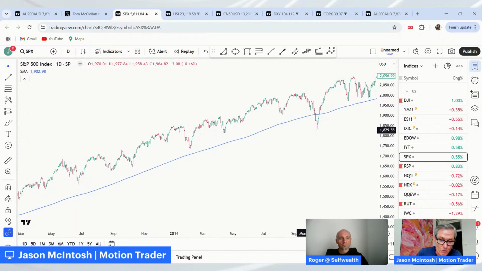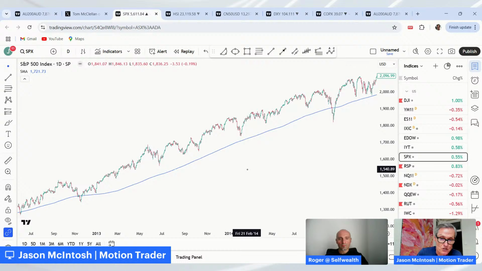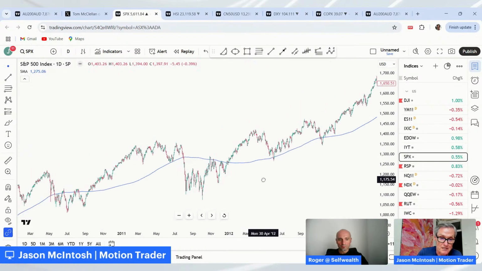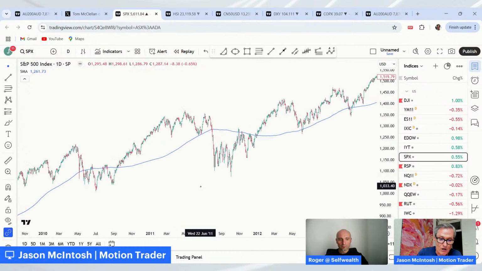If you get a situation where the S&P 500 stays below the 200-day moving average for a few weeks, well, then it's often a warning that there's a longer stay below the 200-day moving average in the making. So you can see this period from 2010 spent more than 2-3 weeks below the 200-day moving average.